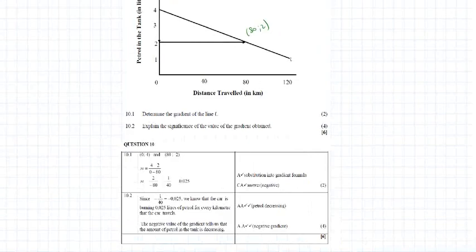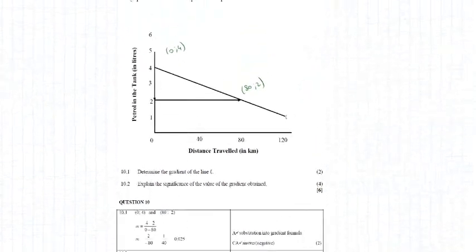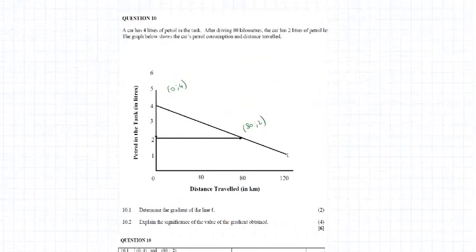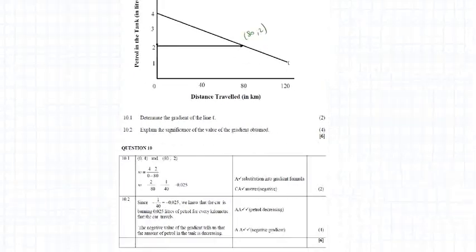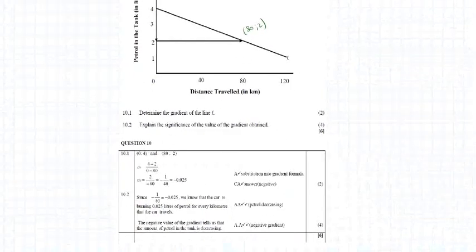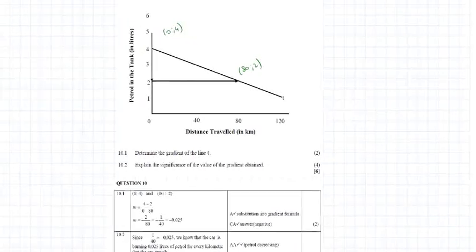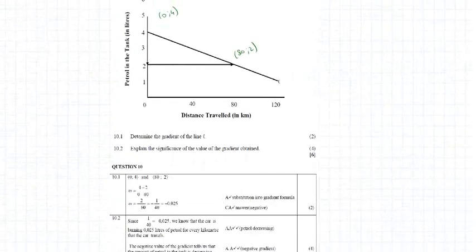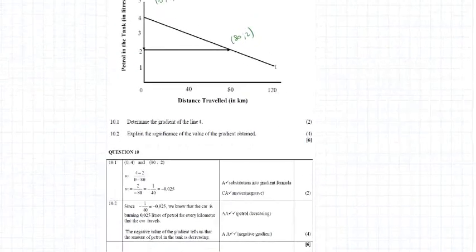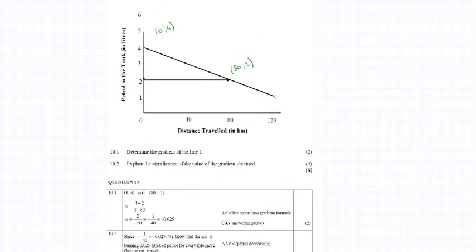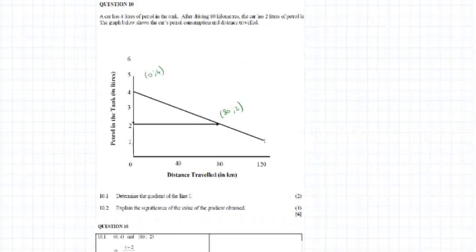So just that idea you need to explain. And we can even say how many liters of petrol are used in every kilometer. That can be calculated with the gradient. So that gives the idea of petrol consumption per distance traveled with this car, obviously.